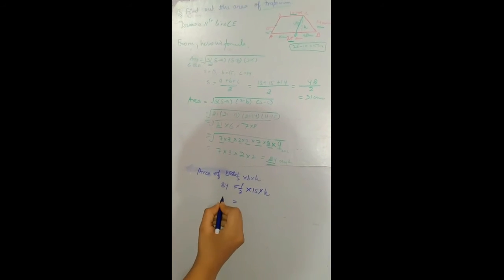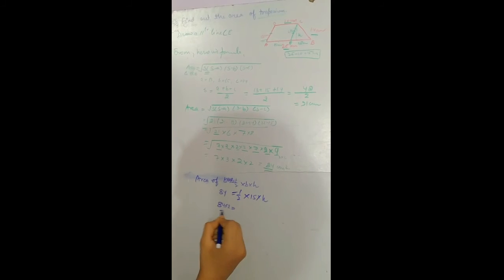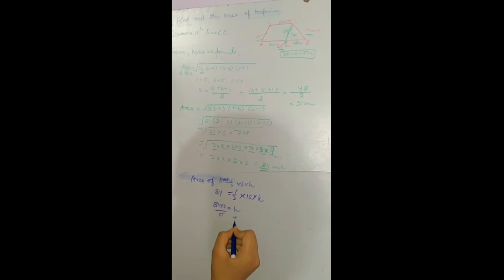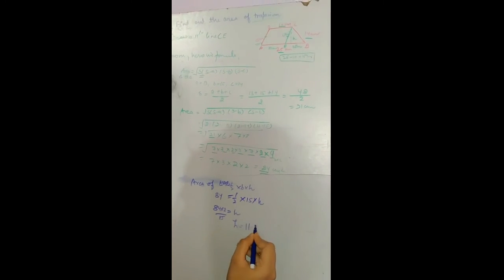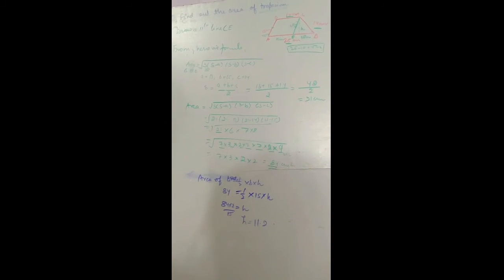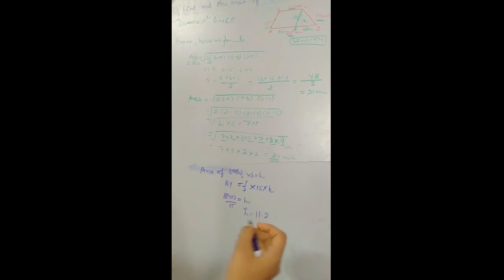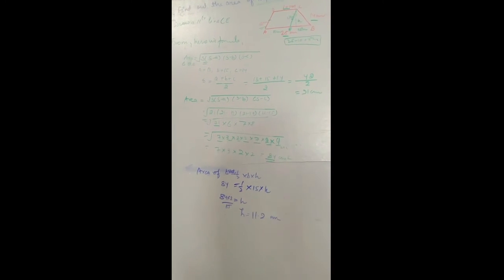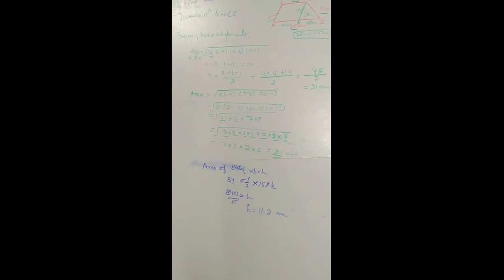So 84 into 2 divided by 15 is h. Therefore after calculating we will get 11.2 centimeter as the height.